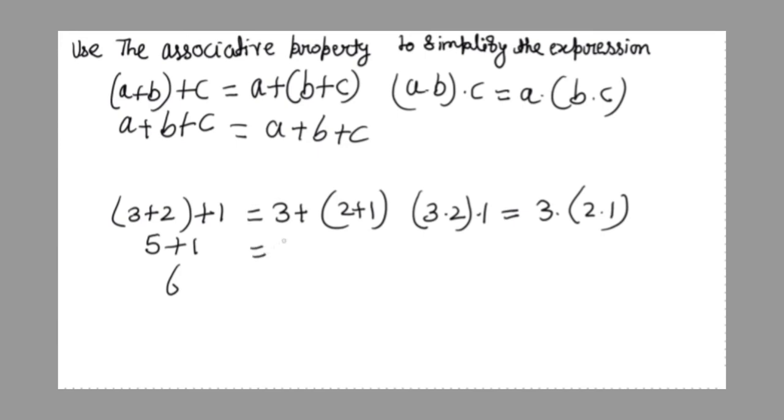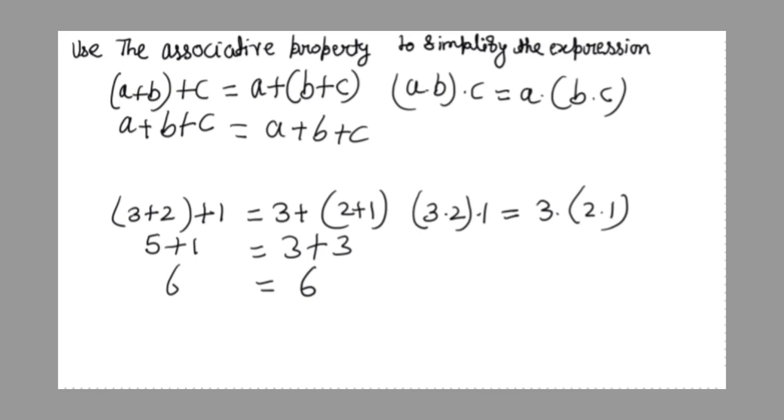So 2 plus 1 is 3, and 3 plus 3 is 6. So here, no matter how we group things together, we still get the same answer, and this is the associative property. We can say the right hand side is equal to the left hand side, or vice versa.